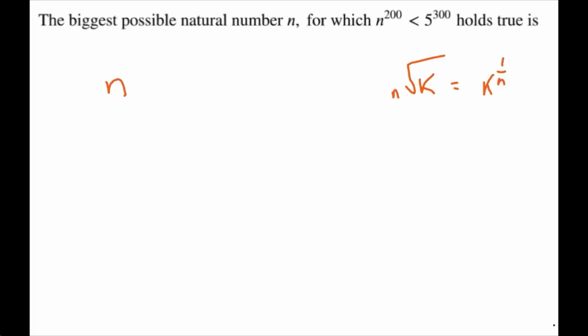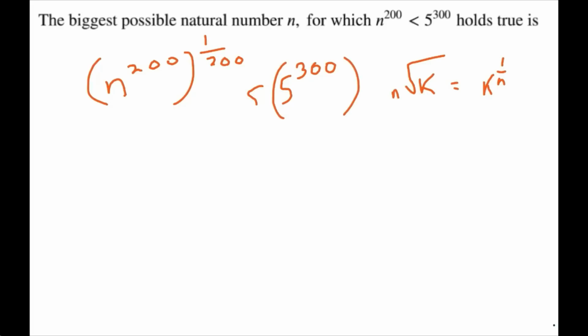So, in this problem, we have n to the power of 200. Let's take it to the 200th power, so multiply by 1 over 200. And whatever we do to one side of the equation, we have to do to the other side. So we get 5 to the 300 to the 200th root.